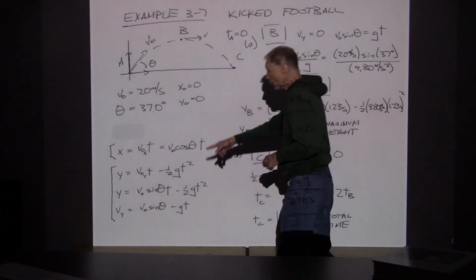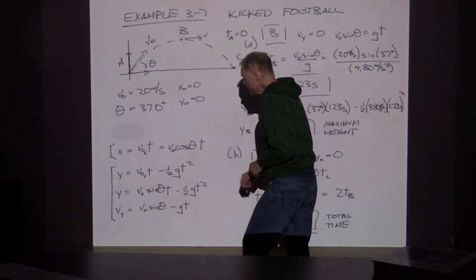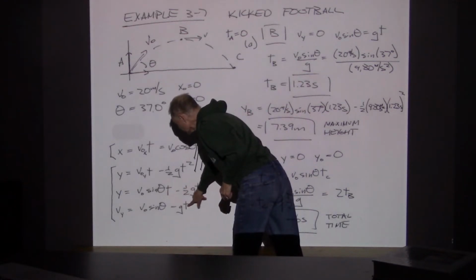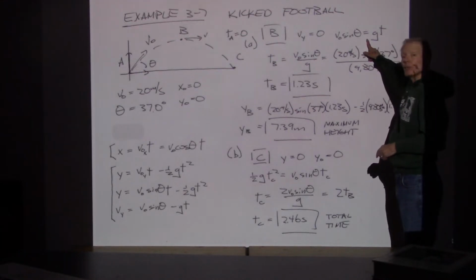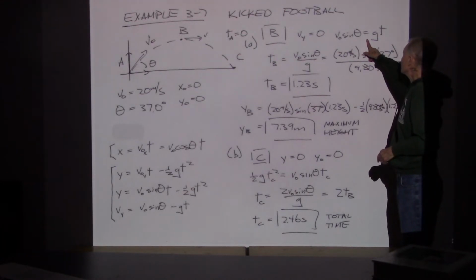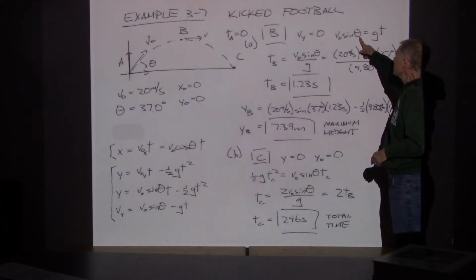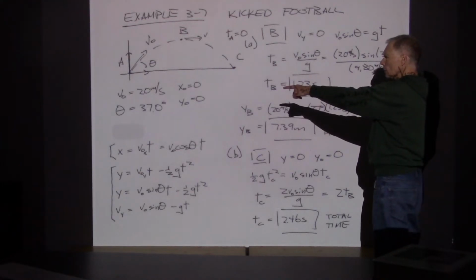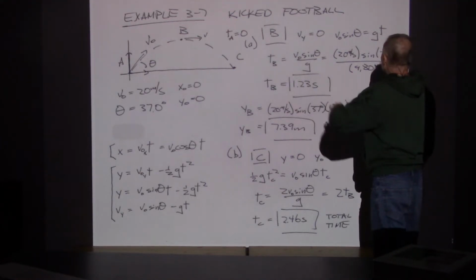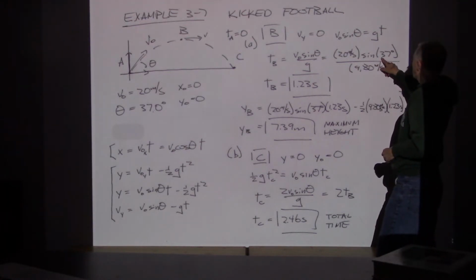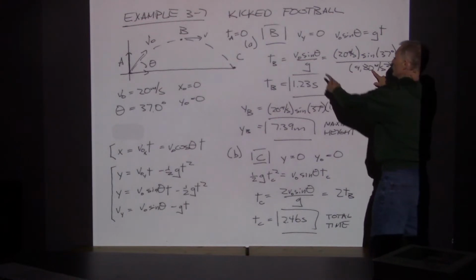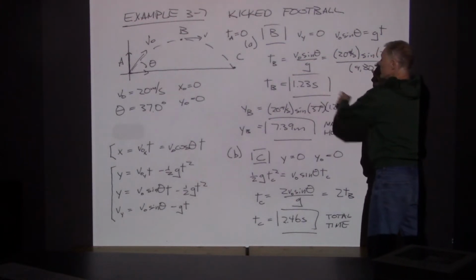If Vy is equal to 0, then V naught sine theta equals gt. I'm using the sine here because they gave me the angle and they gave me V naught. So V naught sine theta is 20 meters per second times sine of 37, and then I just have to divide through by g, and that'll tell me the time.